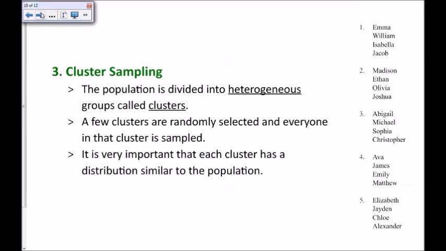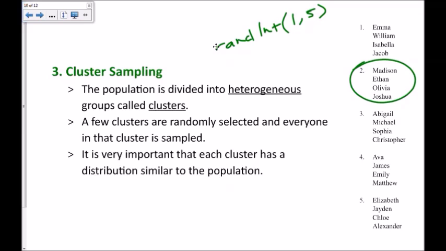Okay, third is a cluster sample. The population is divided into heterogeneous groups called clusters, where the clusters are all similar to the population. A few of the clusters are randomly selected, and everyone in that cluster is sampled. So for example, if I do randInt, and I'll pick between 1 and 5, and I happen to get the number 2, then I will sample all 4 of those individuals.